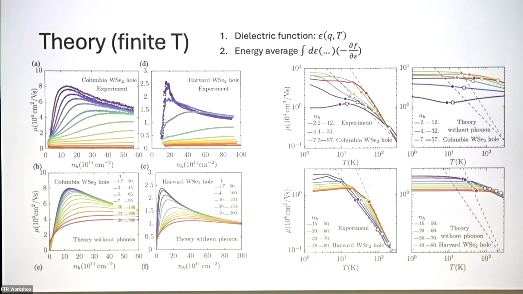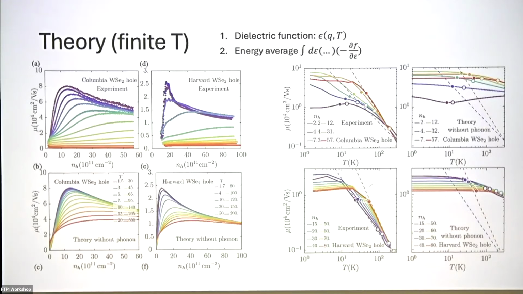The second is that when you have a finite temperature width, you need to do an energy average over the Fermi function. So here is the comparison between experiment and theory. As you can see, although not quantitatively exact, it captures the trends.